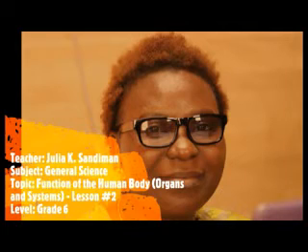Please take your pencil and pen alongside with your copybook and get ready for today's lesson. Welcome and let's learn. Today, the objective of our lesson is to help you learn the functions of two systems of our body, the digestive and reproductive systems.